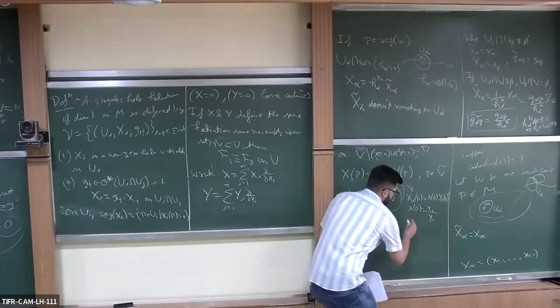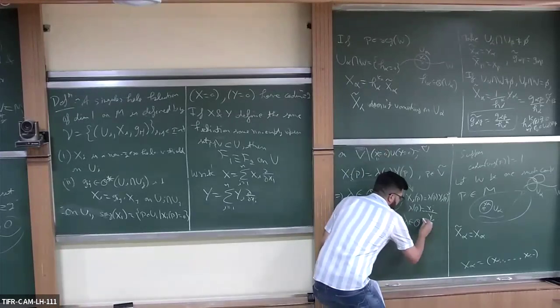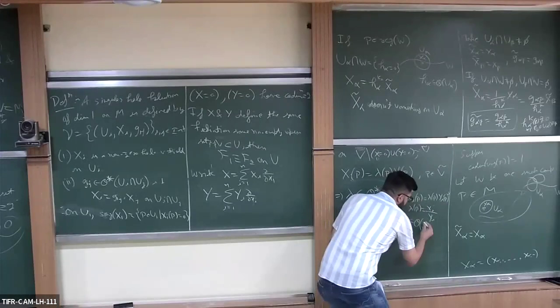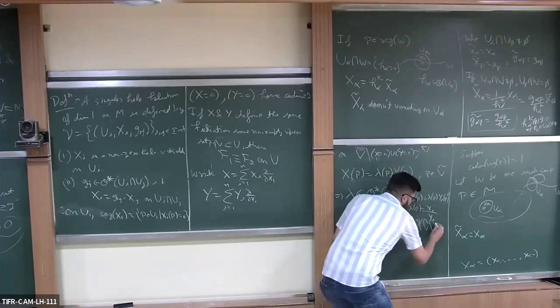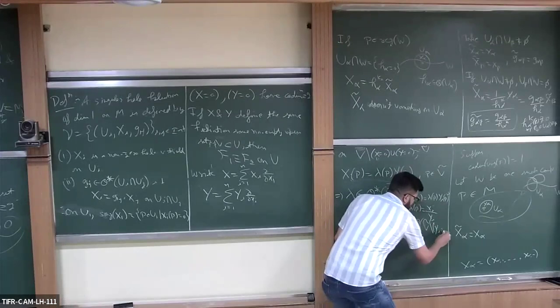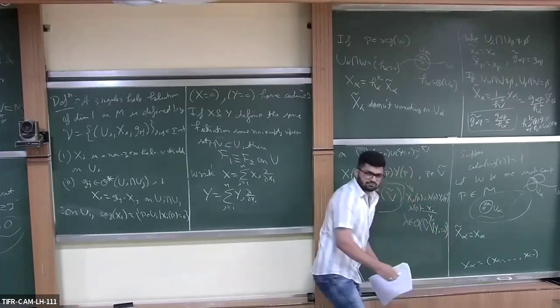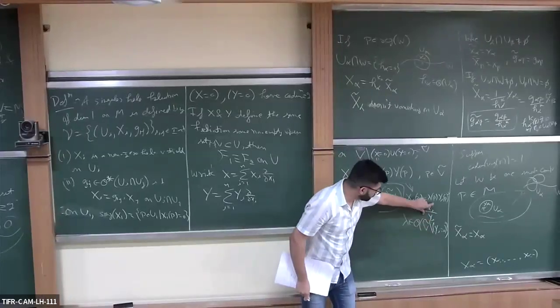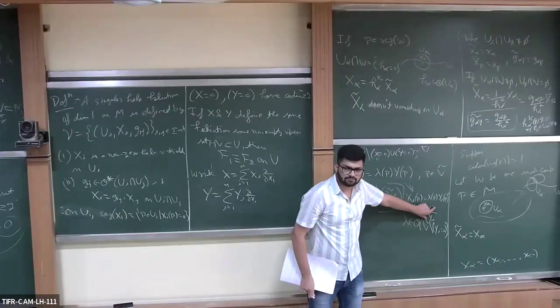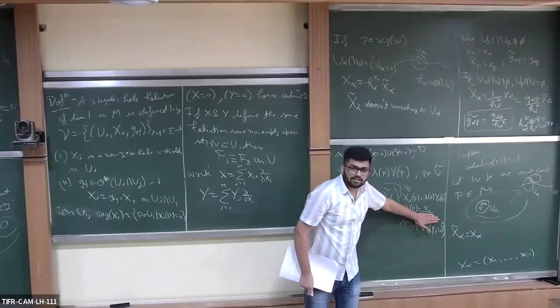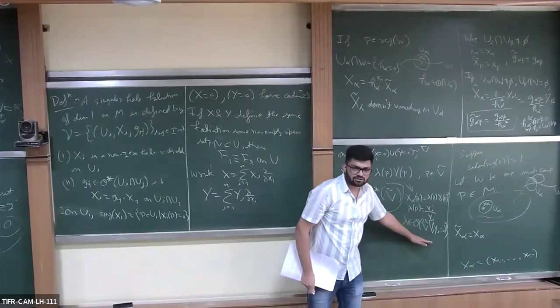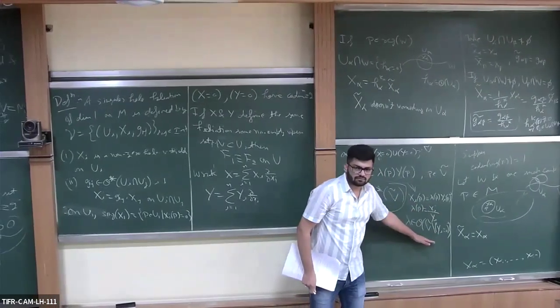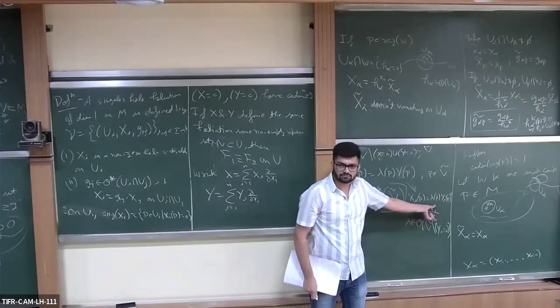Lambda is holomorphic on the set where yi is not equal to 0. These are holomorphic functions, so on the set where yi does not vanish, this is a ratio of two holomorphic functions.